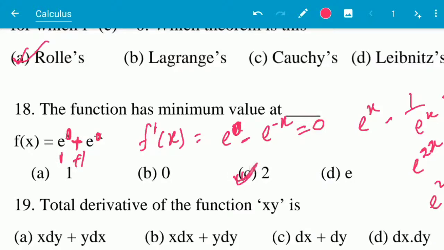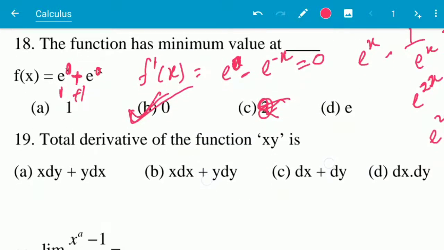So option number C is the correct answer. Oh sorry, the minimum value is at 0, but the minimum value is 2. If we put x value 0, it will be 2, and this is the minimum value.